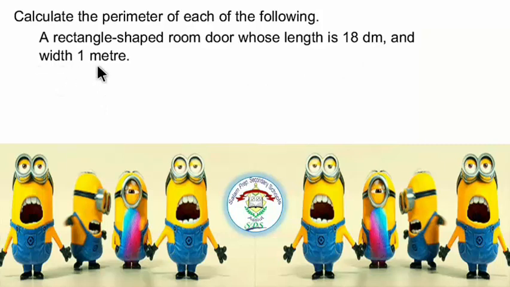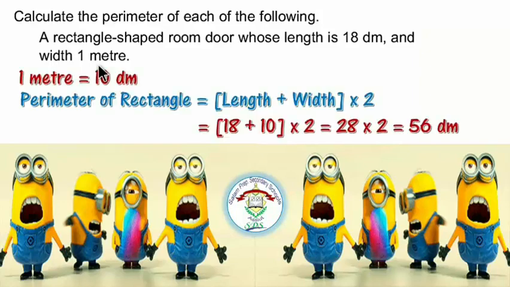But take care, these two numbers are in different units. We need to make the units the same. Please convert the big unit to the small unit. We know 1 meter equals 10 decimeters.